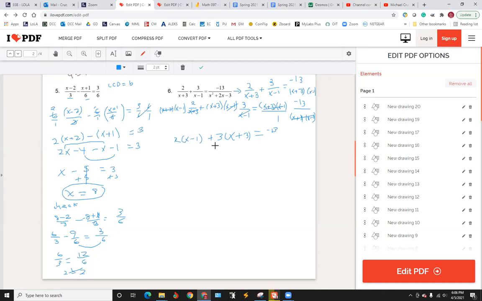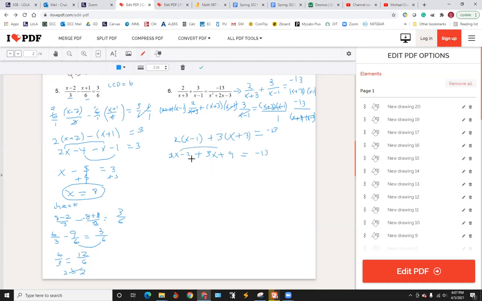So then multiply all the way across, on both of them. Multiply across there. 3 times x is 3x. 3 times 3 is plus 9 is equal to 13.